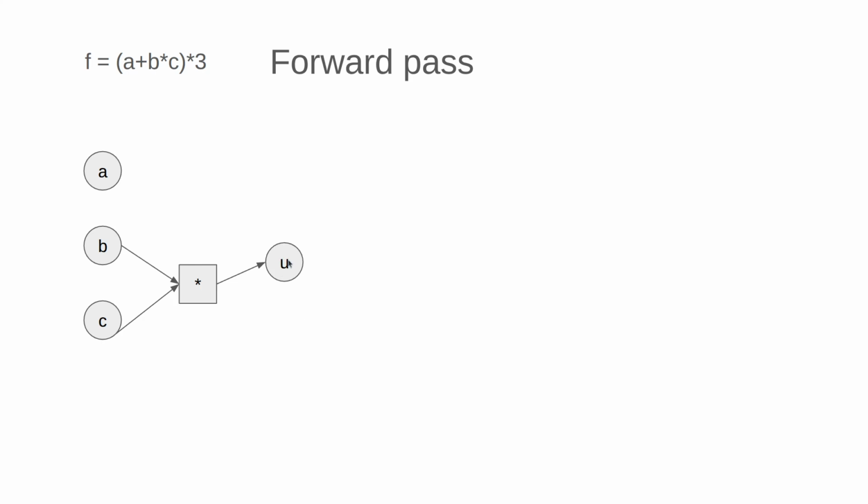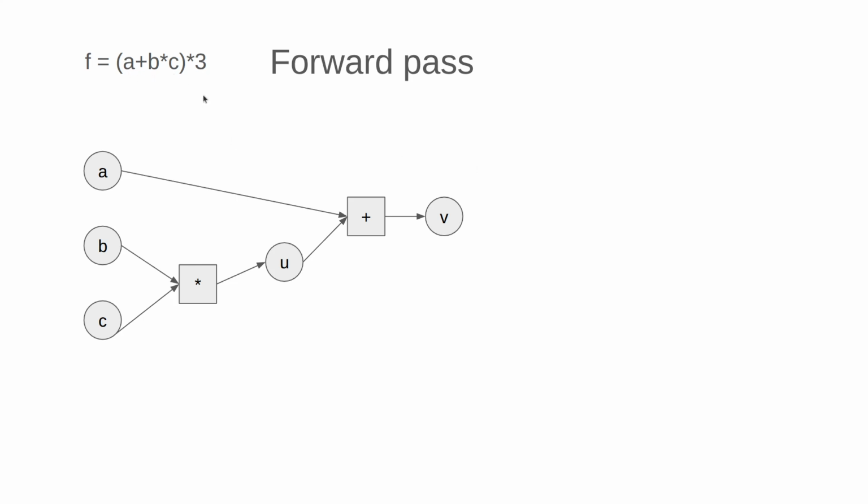And the u will be added to a. So a plus b multiply c becomes a plus u. So we put an add function here. The input of the add function is a and u, which is b multiply c. And this function will output a variable v here. So that's the entire expression.